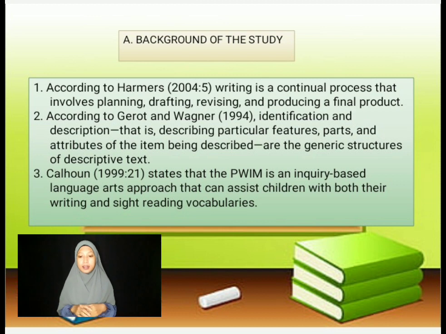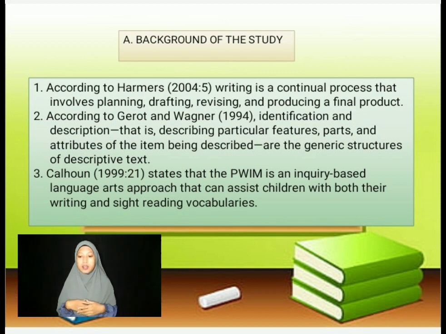Calhoun, 1999, stated that the picture word inductive model is an inquiry-based language arts approach that can assist children with both writing and sight reading vocabularies. Thus, this method can be applied to reading and writing proficiency.